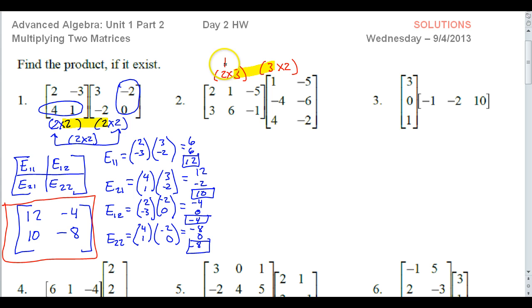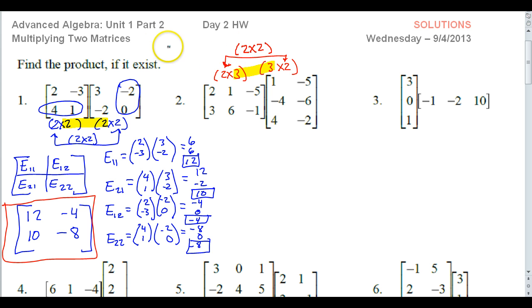Now the outer dimensions tell me the dimensions of the answer, the product. That's why I know the product is going to have dimensions 2 by 2 again because of the outer dimensions. Once again I'm looking at this kind of a model. Let me leave myself more space.